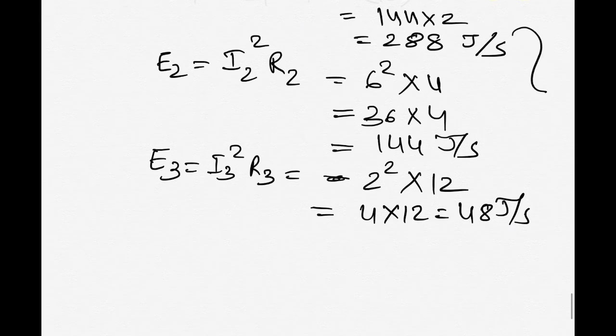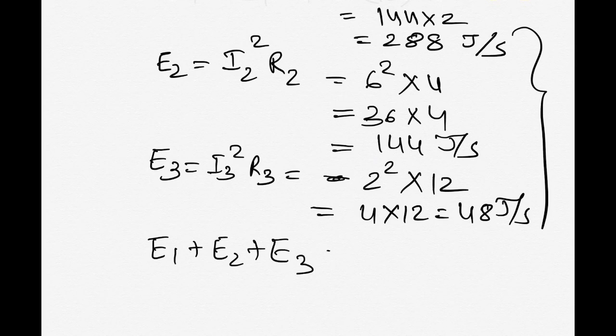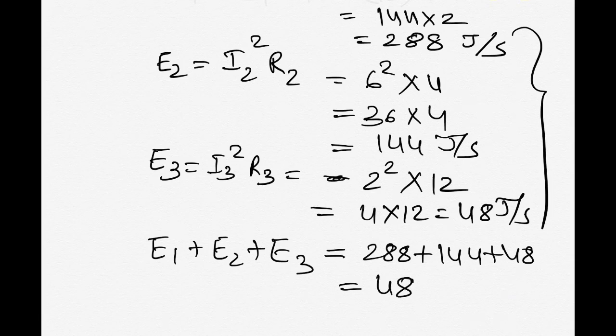Now we add up all these three to get the total energy consumption because of these three resistors in parallel. It becomes E1 plus E2 plus E3, the total energy consumption rate by this setup, and it becomes 288 plus 144 plus 48, which adds up to 480 joules per second.